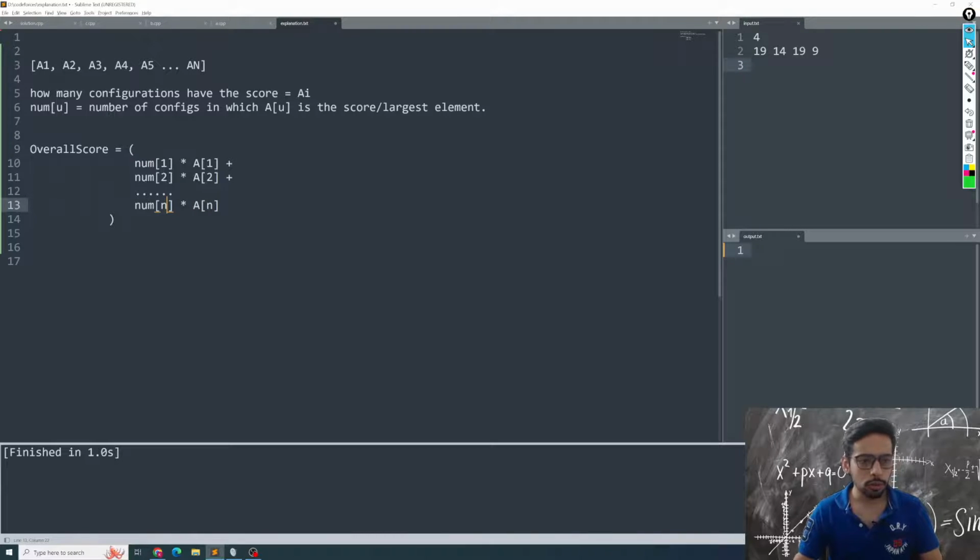So this will be your overall score. Only problem is how do you calculate this num1, num2, num n.